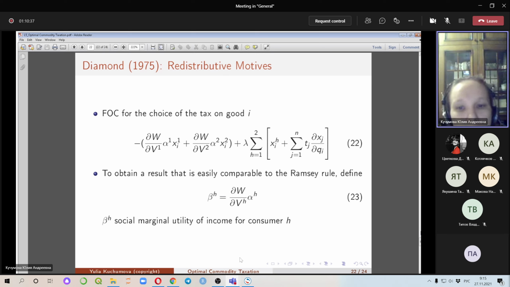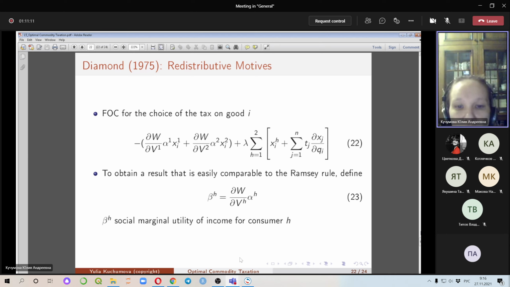So let me just repeat it: the welfare loss to individuals, which the government cares about, plus the effect on the tax revenue, which includes the mechanical effect and the behavioral effects, right? So you can read the formula.